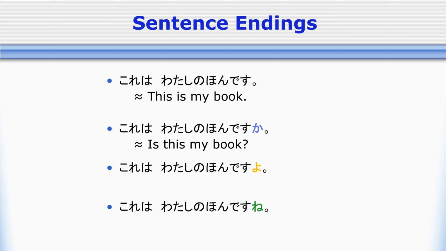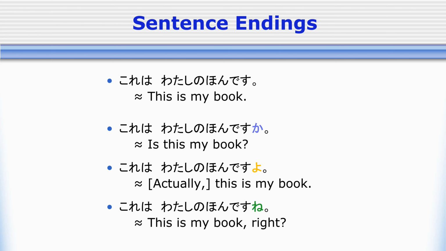The first one is yo, as in, これは私の本ですよ。The other is ne, as in, これは私の本ですね。So today I'm going to talk a little bit about this yo and ne, when we use them and what the difference is between them.